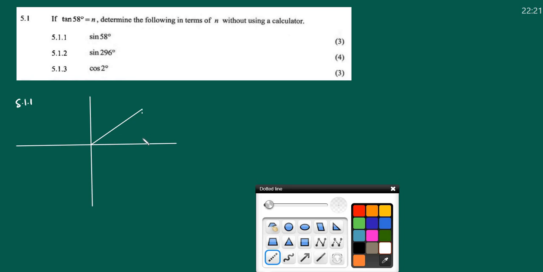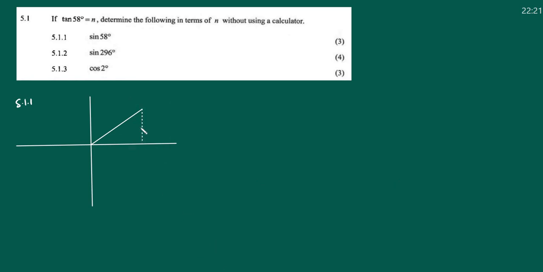And then that is 58 degrees there. Now remember, I said you must get the third angle. So you'd say 180 minus 90 minus 58, you get what? 32. So here you would have 32 degrees.